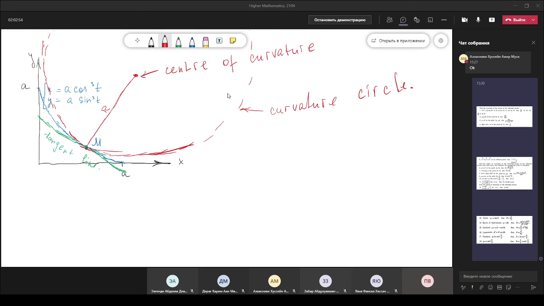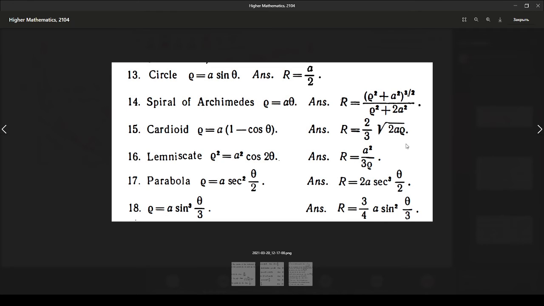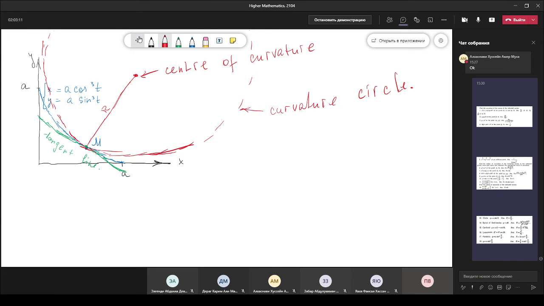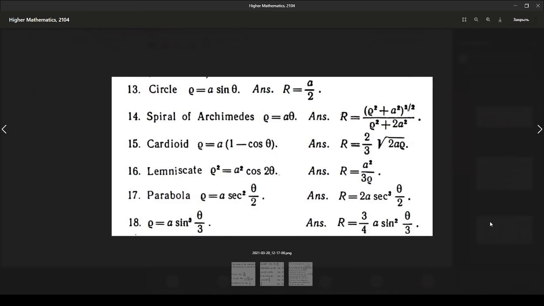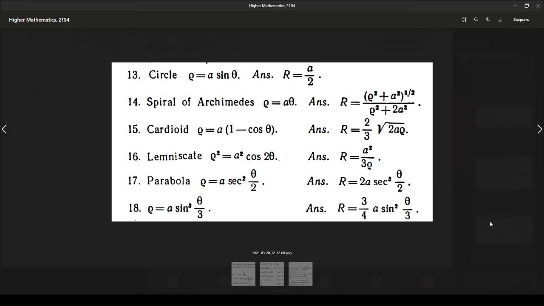The next number that we will consider is number 30. We come to polar coordinates. Number 30 means rho is a times sine of theta.